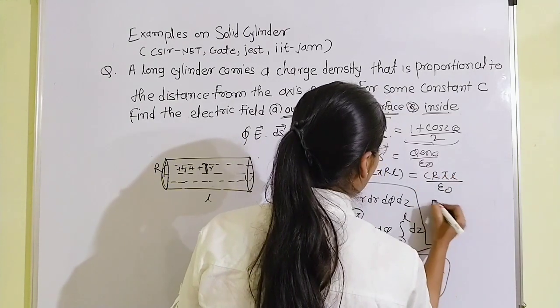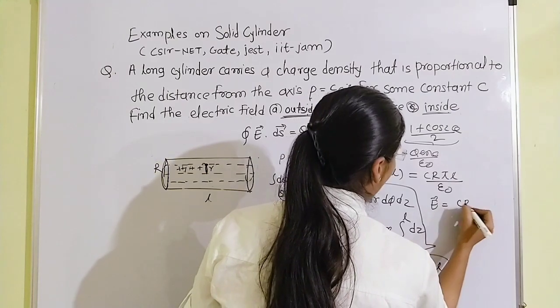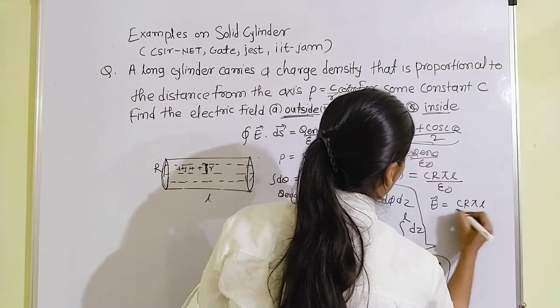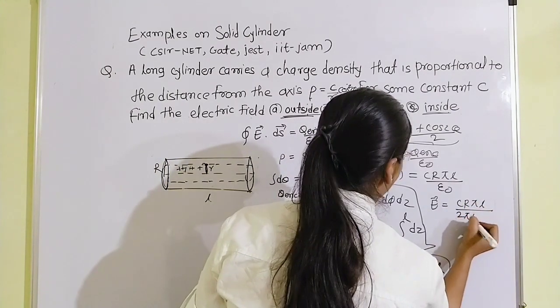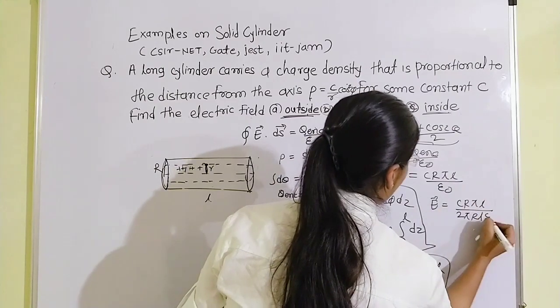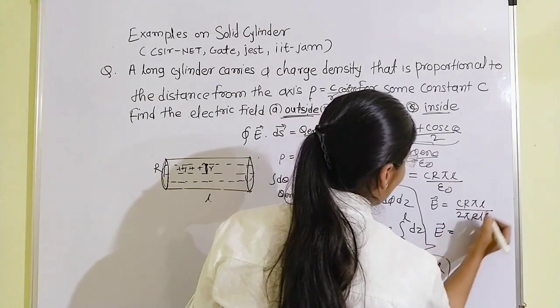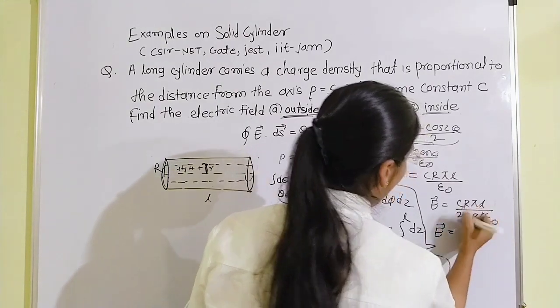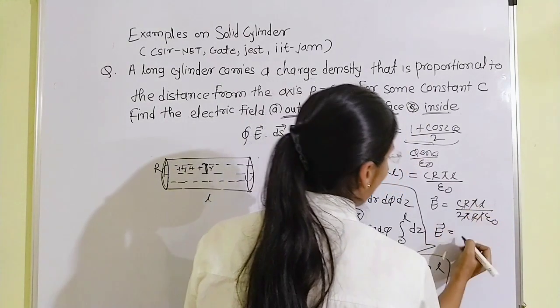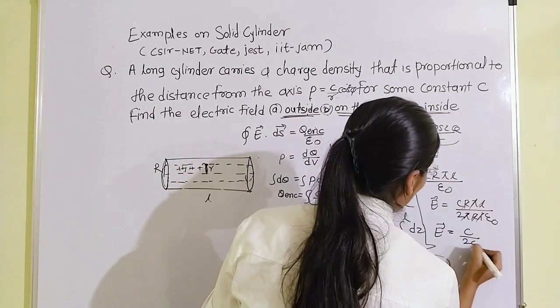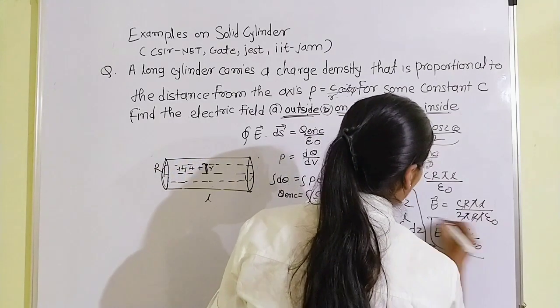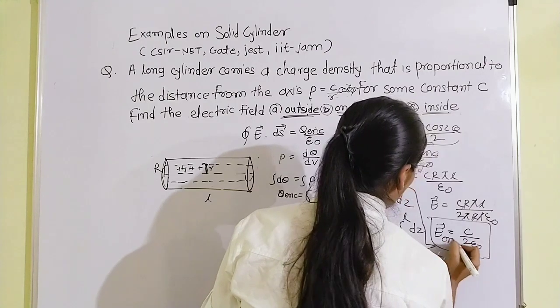So E bar is equal to c R pi L by 2 pi r L into epsilon naught. So L gets cancelled, R gets cancelled, pi gets cancelled, so the electric field E bar is C by 2 epsilon naught. This is on the surface.